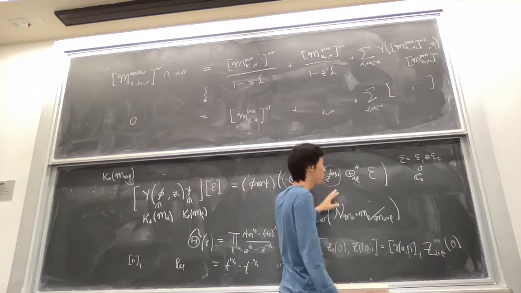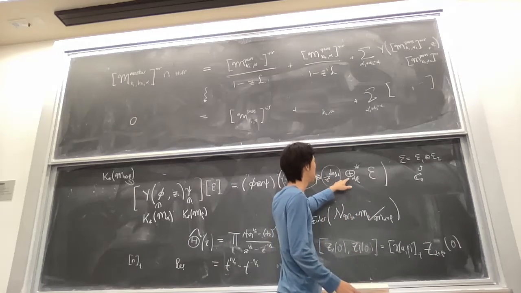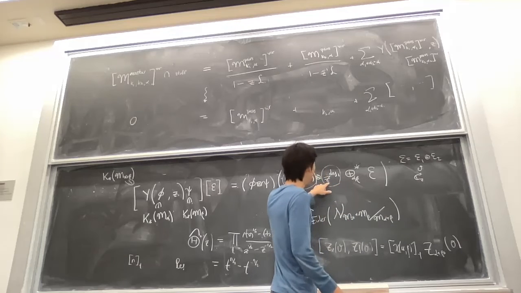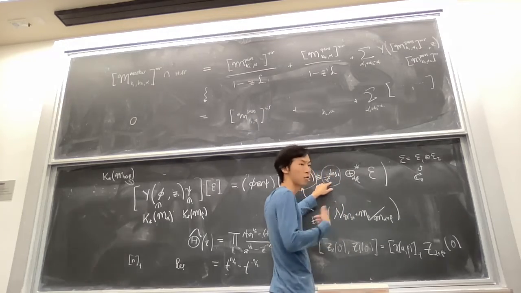So there's three kinds of things you would need on your space in order for this kind of expression to make sense. First, you need some map like this, which you have in the case of instantons. But you also need that every object at least has to have some notion of automorphism.